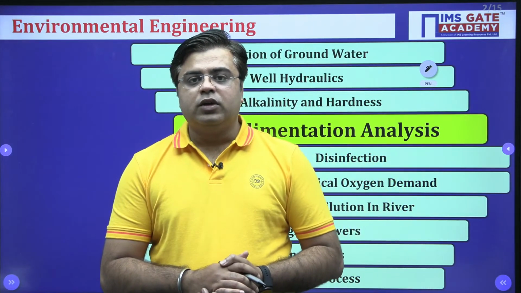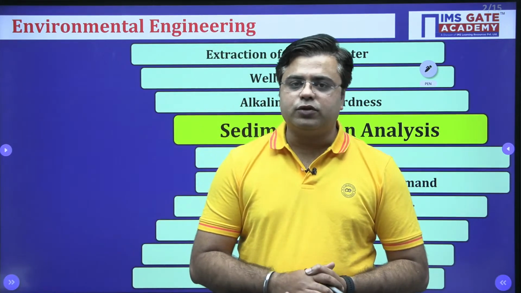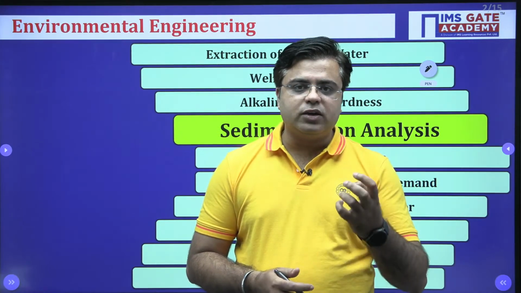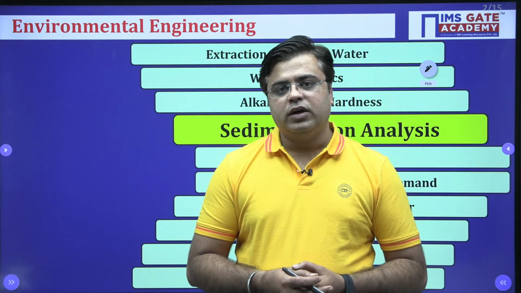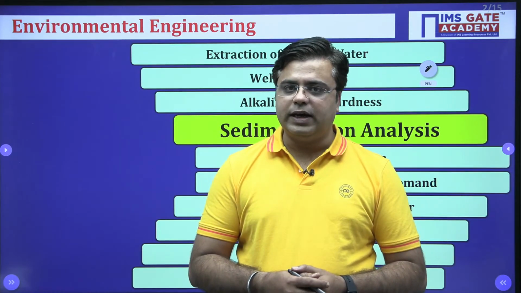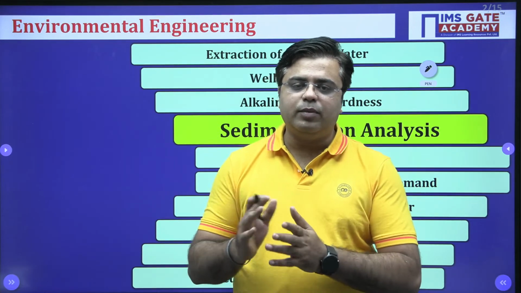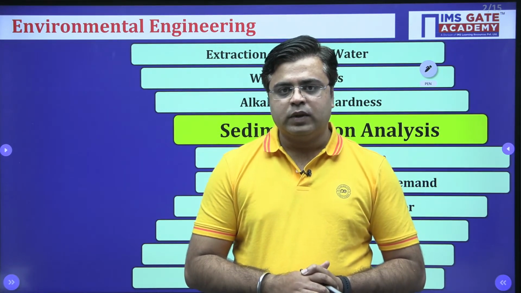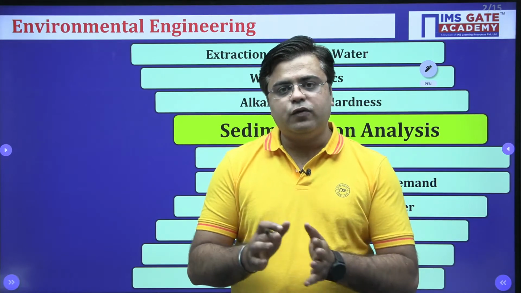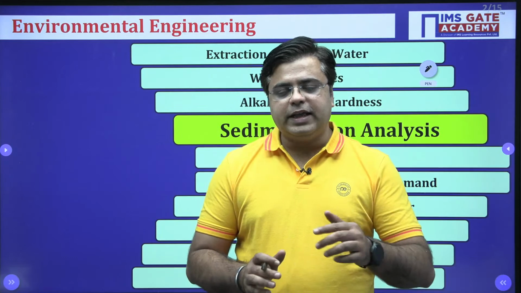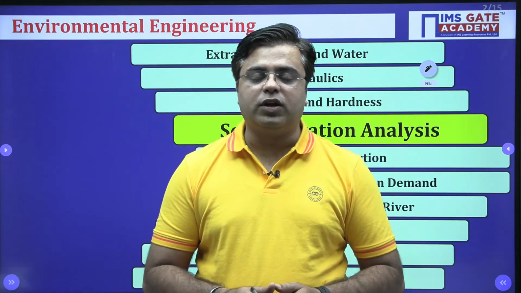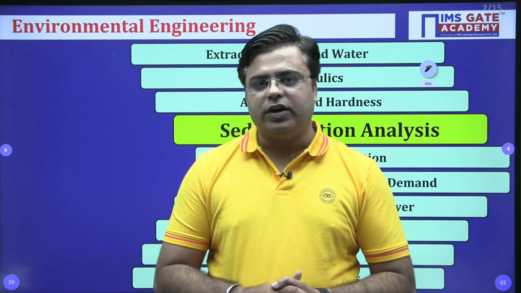Once we extract this water from the source, we check the quality of water, which is analyzed through water quality parameters of three types: physical, chemical and biological. Once we have analyzed the quality of water, we give treatment to water. The degree of treatment depends upon the existing quality of the raw water and the desired quality of the treated water.